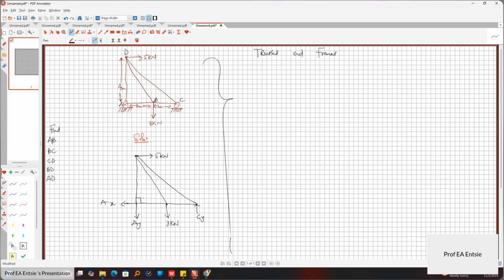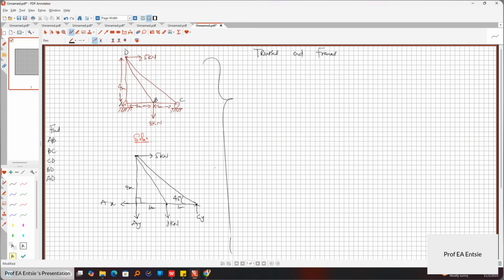Now let's calculate the angles. Here is 90 degrees, as you know. What will be the angle here? Here is 3 meters, here is 4 meters, here is 1 meter. If the opposite is 1 meter and the adjacent is 1 meter, the angle is 45 degrees, because tan 45 is 1, so the opposite and the adjacent should be the same.